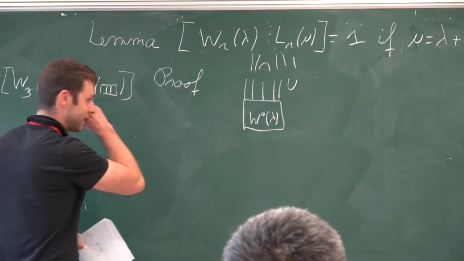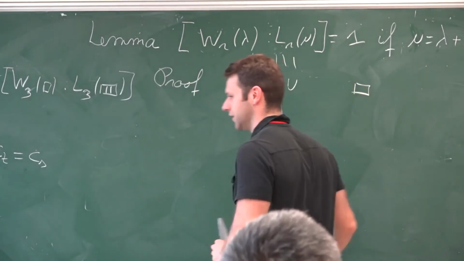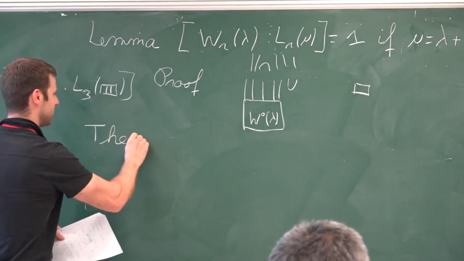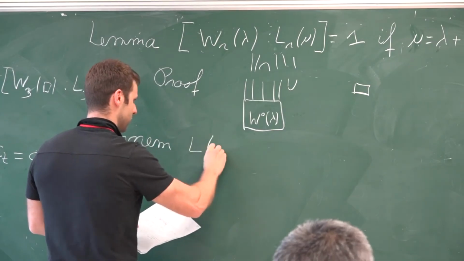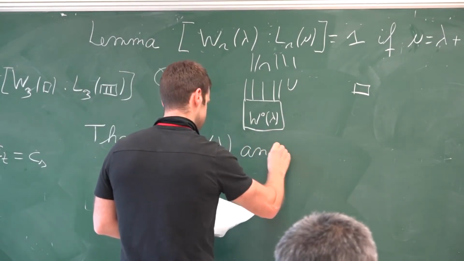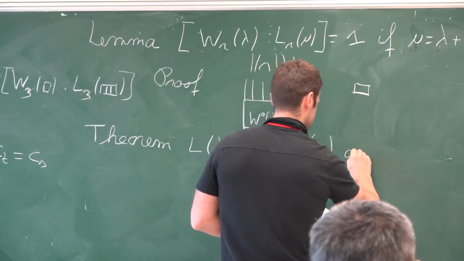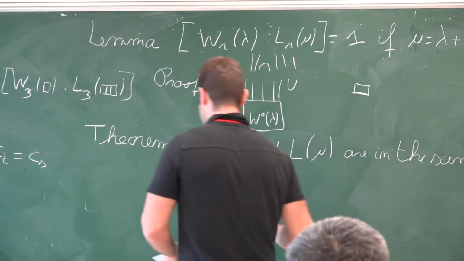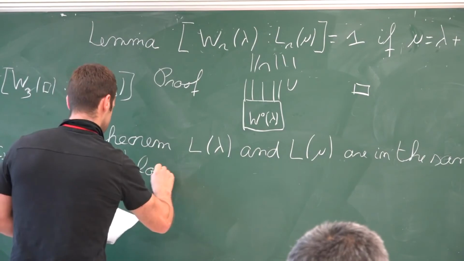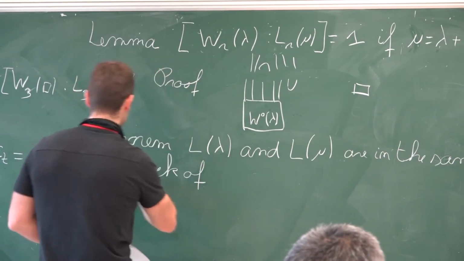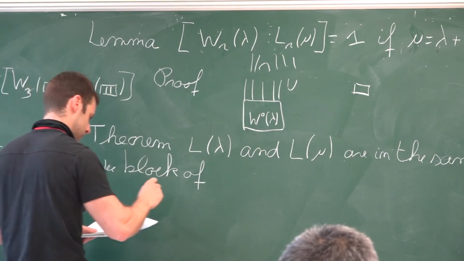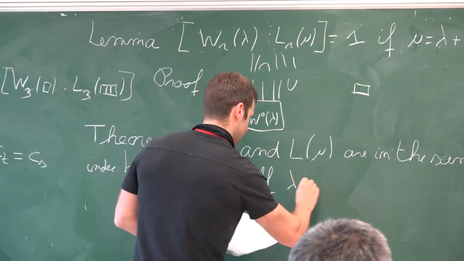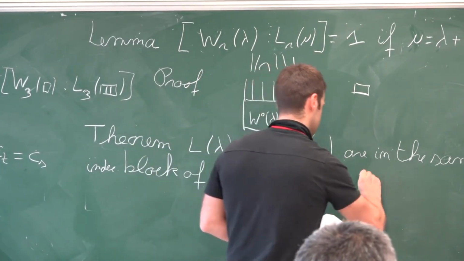But anyway, if we accept that lemma, so I think that's a nice complete proof, then we do have the following theorem popping up. 2 simple modules are in the same block, the same indecomposable block of AR, if and only if lambda and mu have the same 2 core.